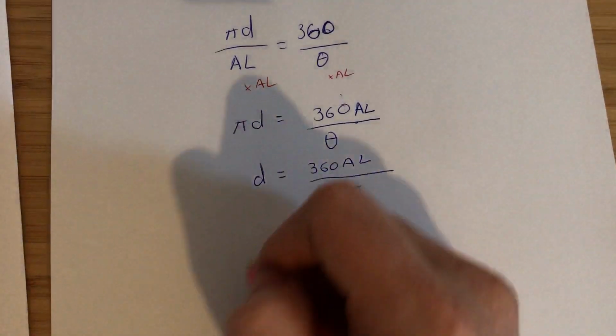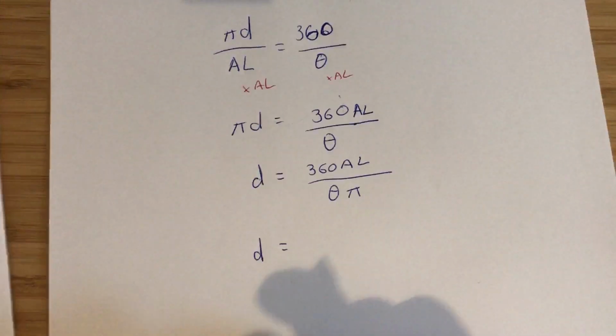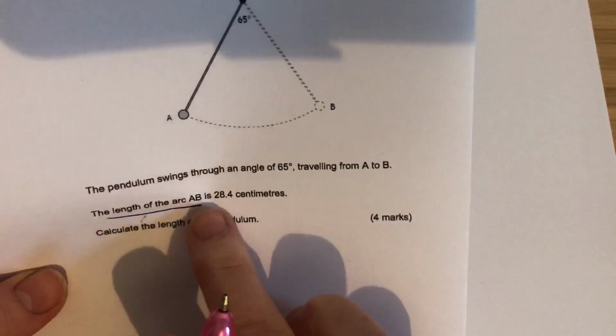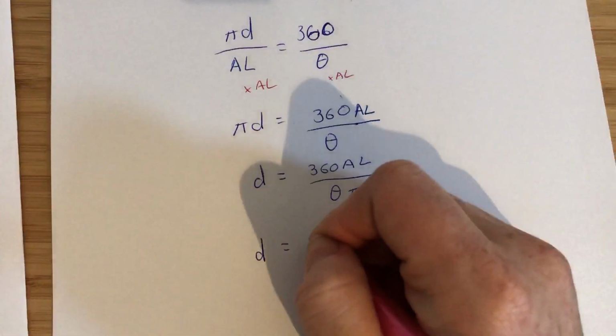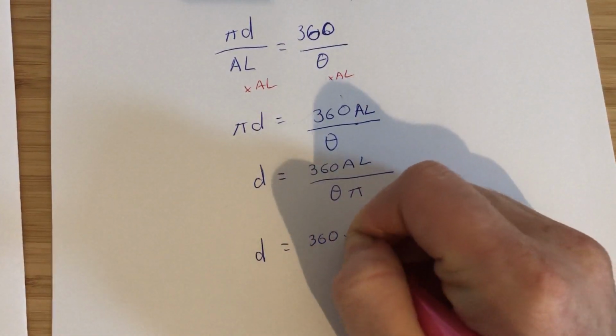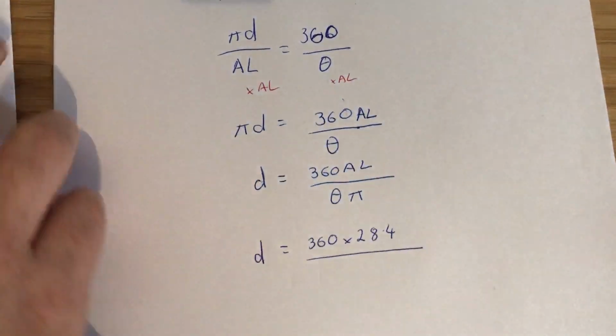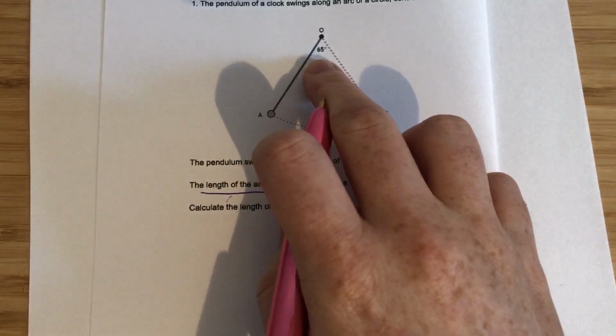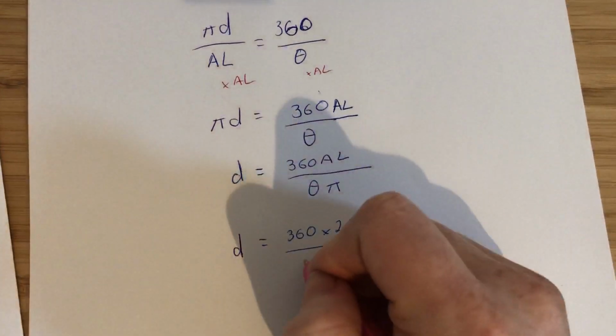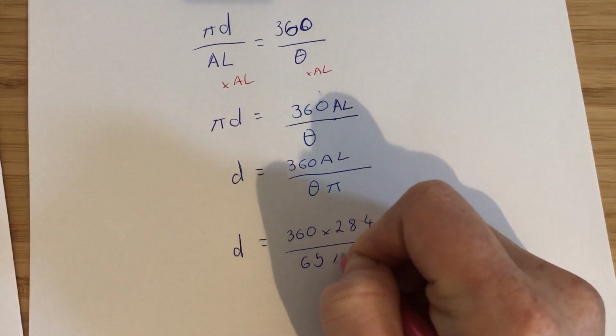All right, so we've now got diameter. So diameter equals 360 times the arc length, which is 28.4, over theta, which is the angle, 65 degrees, times pi.